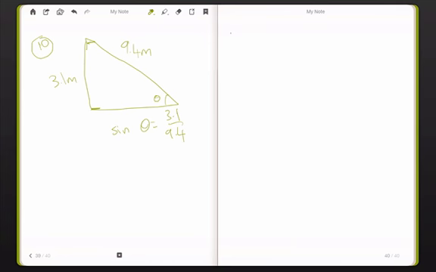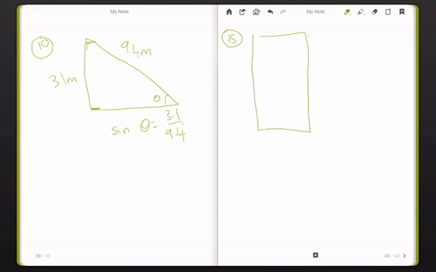So the other two were slightly trickier, although 15 is actually not that tricky. It's just about thinking about a 3D object in a 2D way. They're telling you that there's a soft drink can. If you look at a soft drink can front on, it's really just looking like a big rectangle, isn't it? Then they're saying you've got a straw that fits diagonally on the soft drink can, and that the can has a radius of 36 millimeters, so that's really halfway across here.